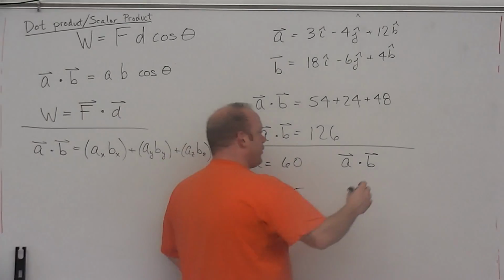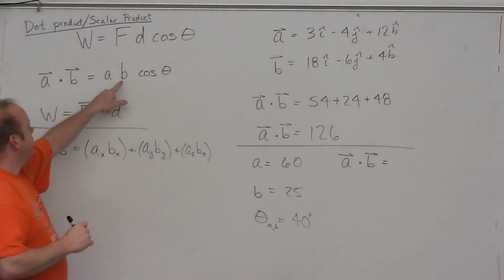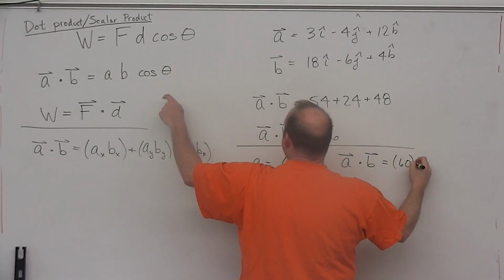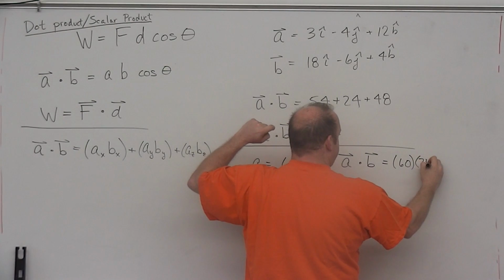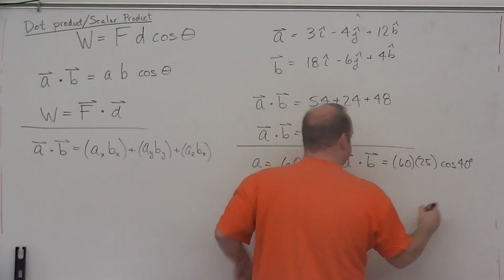So A dot B is going to be the magnitude of A, which is 60, times the magnitude of B, which is 25, times the cosine of the angle between them, which is 40 degrees.